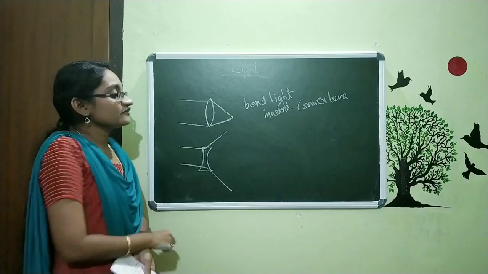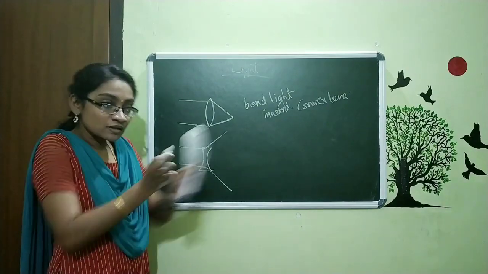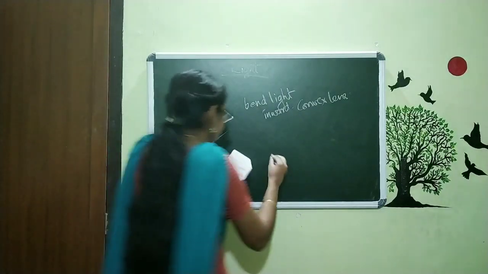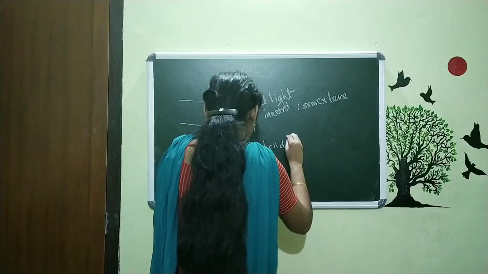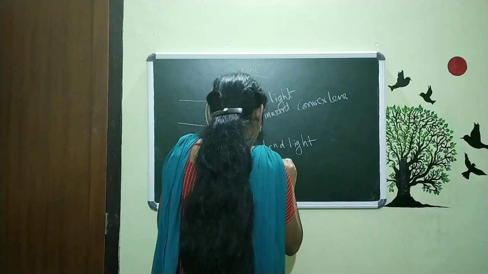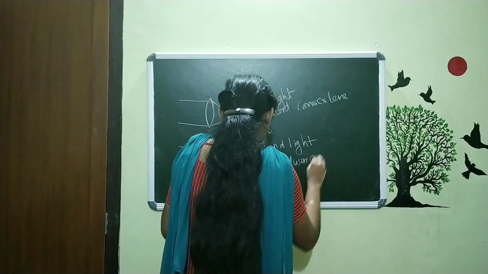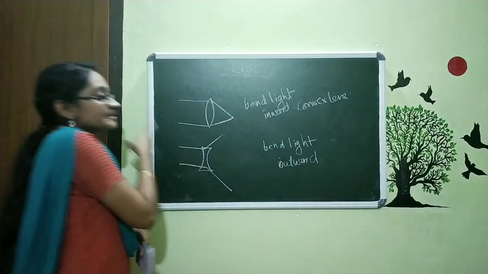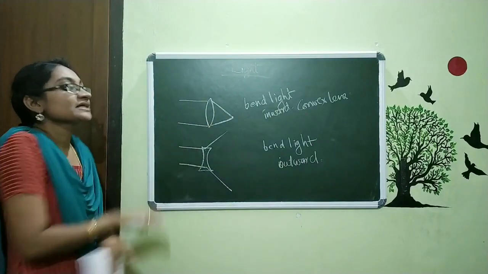And so how can we define the concave lens? It is the lens which bends the light outward. So it is a type of lens which bends light outward, and here it is inward.